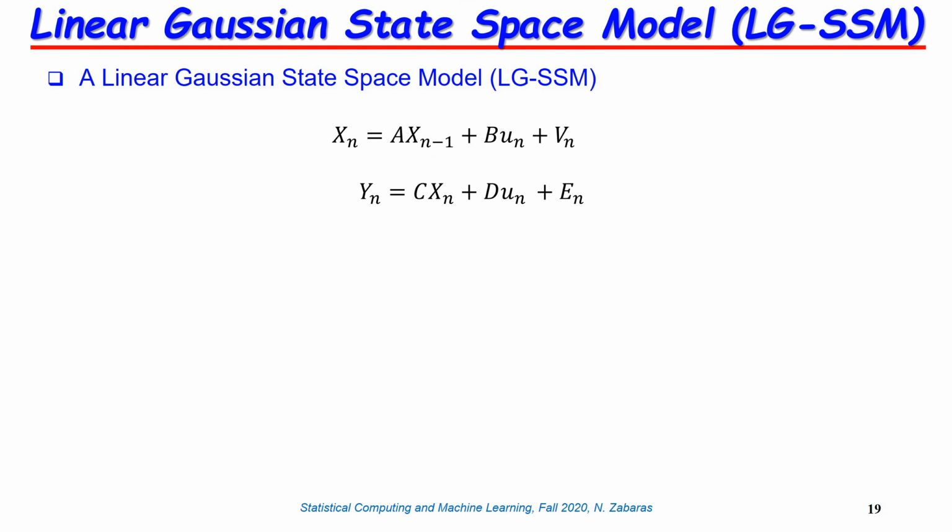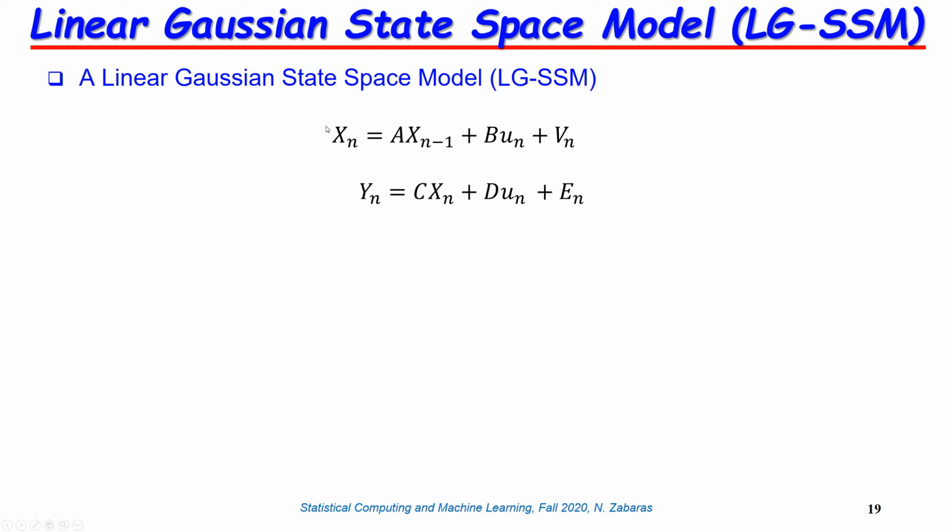So let me write down the simplest possible state space model, or hidden Markov model, equivalently, from what we saw in the previous slide, and that's this linear Gaussian state space model. It goes with the acronym that I will use throughout the lectures, LG-SSM. First, we call it a linear model because all these matrices A, B, C, D are constant matrices.